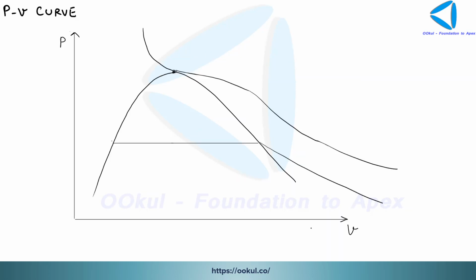Now let us see the PV curve. Again, let us define the regions. In this, the line starts this way and goes like this. So this is the liquid region, the vapor region, and this region becomes the liquid plus vapor.